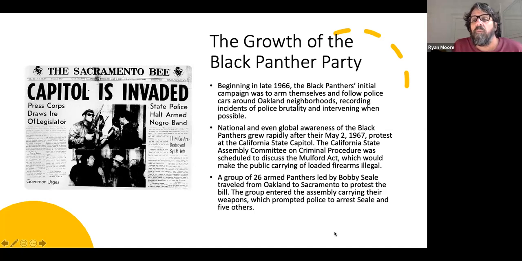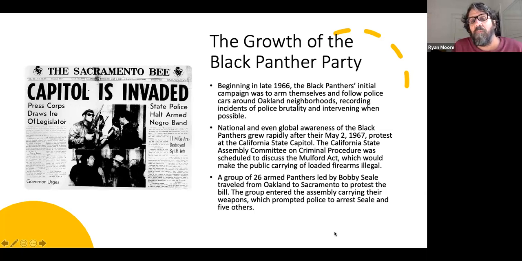The Panthers were out there in the streets of Oakland, and the California State Assembly decided they were going to try to pass some gun control. The police departments were afraid, and so there's this rush to become pro gun control in California.